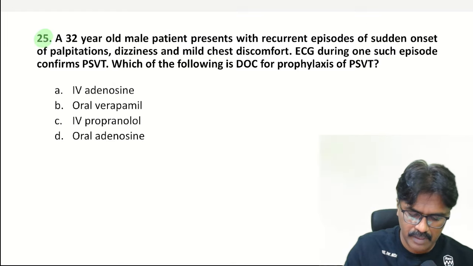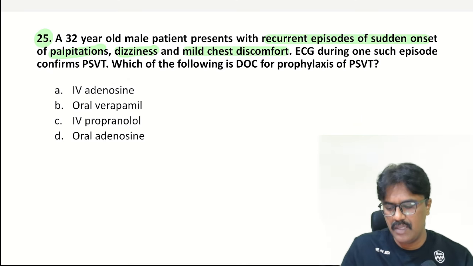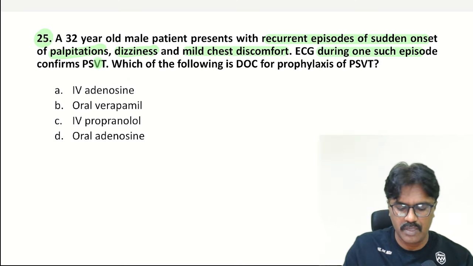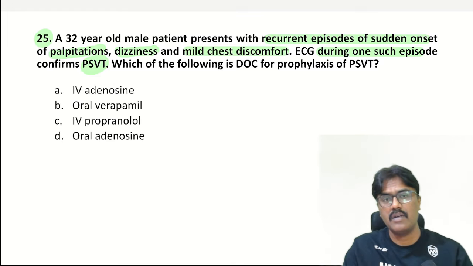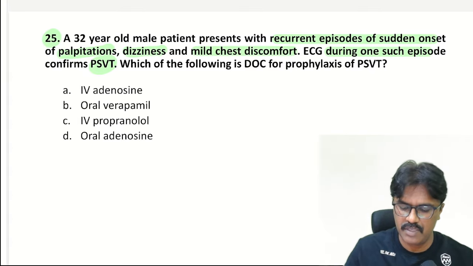Question number 25. A 35-year-old male patient presents with recurrent episodes of sudden onset palpitations, dizziness and mild chest discomfort. ECG during one such episode confirmed PSVT. You know the drug of choice for PSVT. What is the drug of choice for prophylaxis of PSVT?